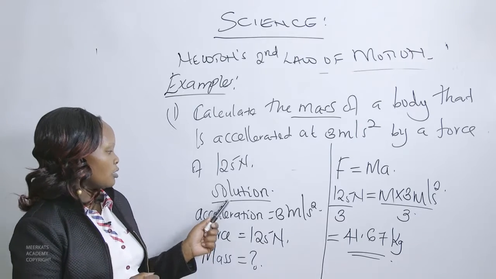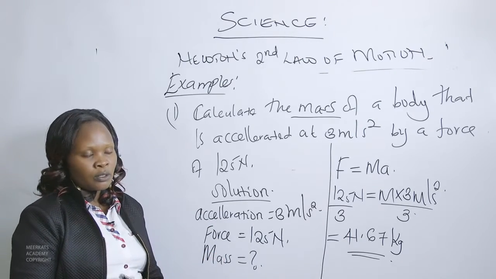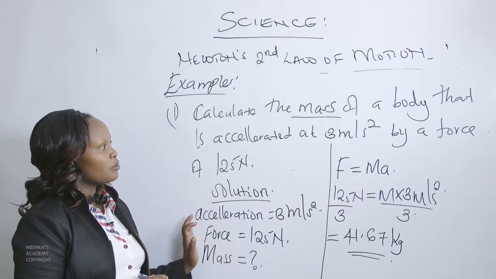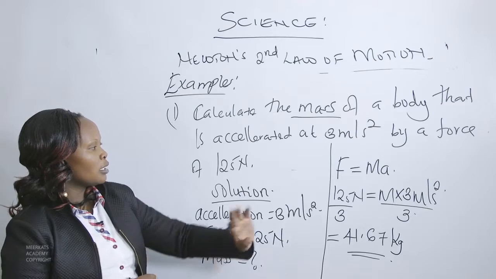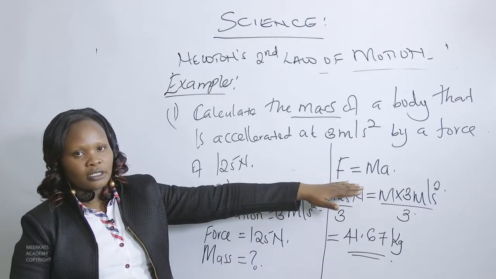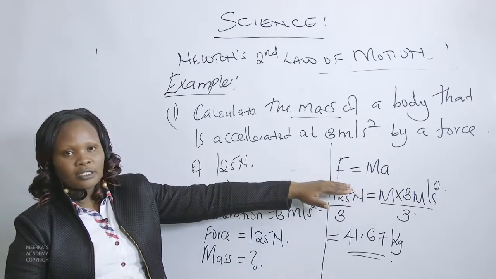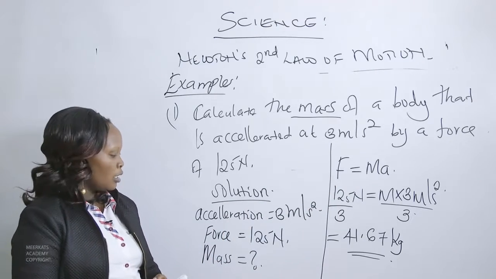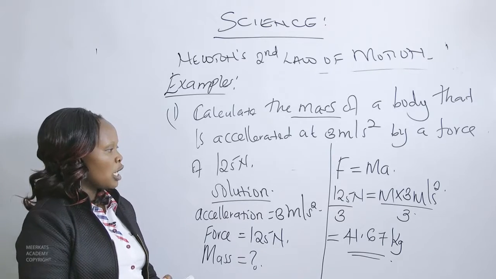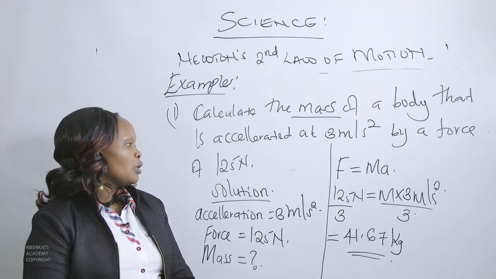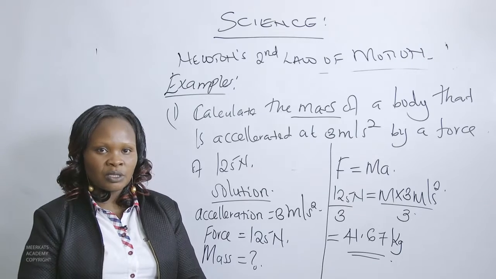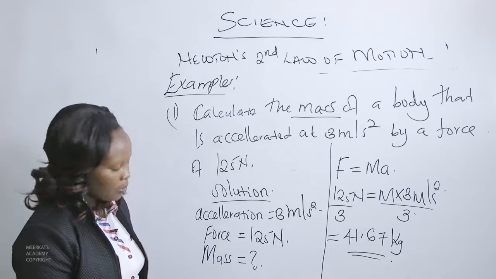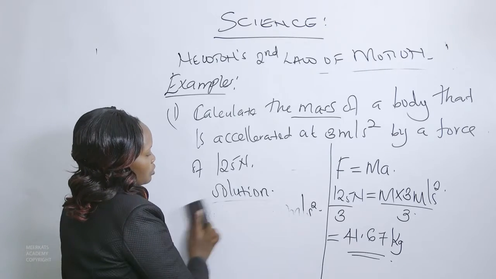That you should ask yourself, what does the question provide? You list down what has been provided, then you write the equation that relates all the things that should be provided by the question, and from there you can substitute and make the unknown the subject of the formula. Let us look at question number 2.